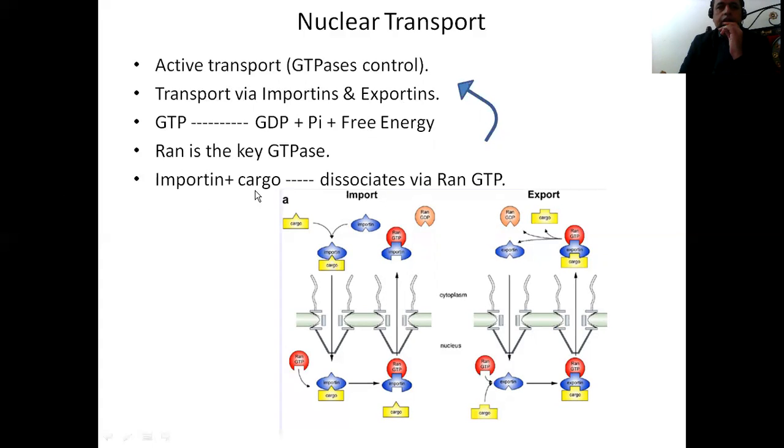For instance, there is a cargo that has to go inside, so it would attach with importin alpha or beta. So importin plus cargo would get into the nucleus. In here, it dissociates with the help of Ran GTP. So the Ran GTP would dissociate this cargo from the importin. The importin would be free and the cargo would be inside. This is import.